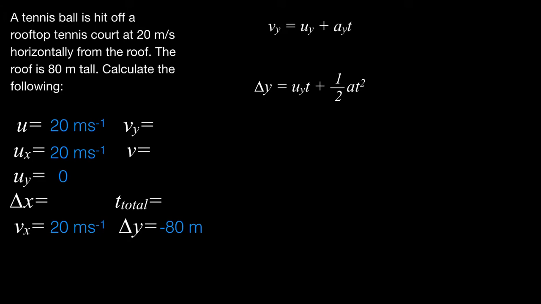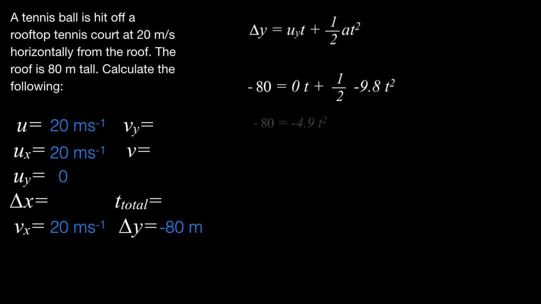We don't have that value, so that one's useless. That leaves us with the delta y equation. Subbing in the known values, including minus 9.8 for gravity, we get this, which we can simplify a bit, and we'll get a value of 4.04 seconds. Now, that has been rounded off there, but I've stored it in my calculator for later use.